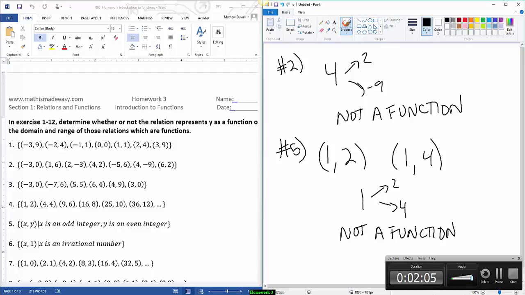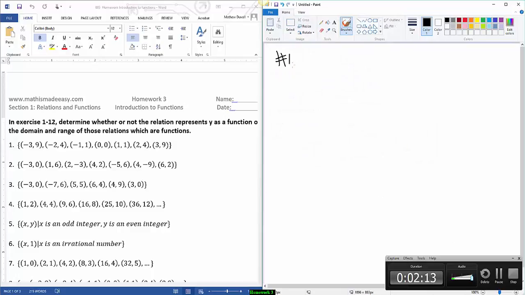And let's see. Number 6 says x is an irrational number. So let's do that one. If I say x is an irrational number, let's just say radical 2, that's going to map to 1. That radical 2 can't map to any other number but 1. If I say radical 3, that also has to map to 1. So there's no other number that radical 2 can map to.